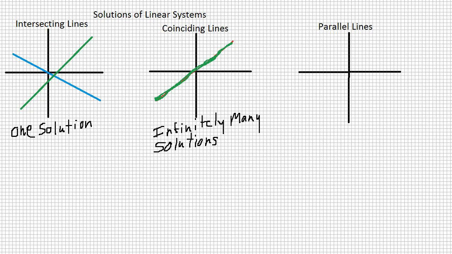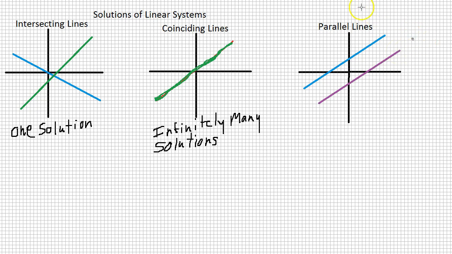Okay, now let's look at our third pair of lines. Alrighty, we're going to do parallel lines. So here's one. And let me get another one. Well, what do we know about parallel lines?